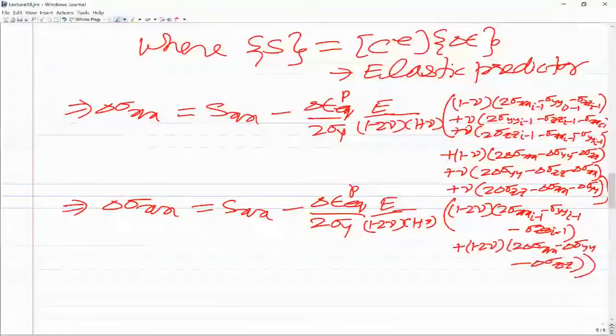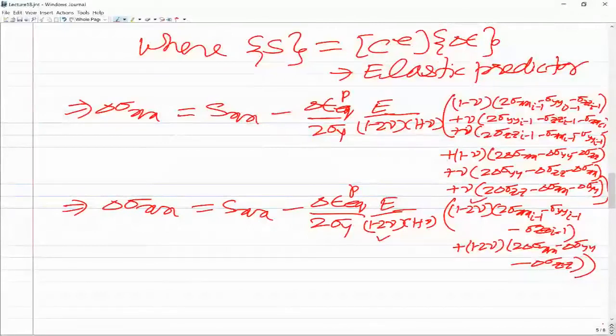Now 1 minus 2 nu from here and here can be cancelled out. So finally, basically E upon 2 into 1 plus nu as G.